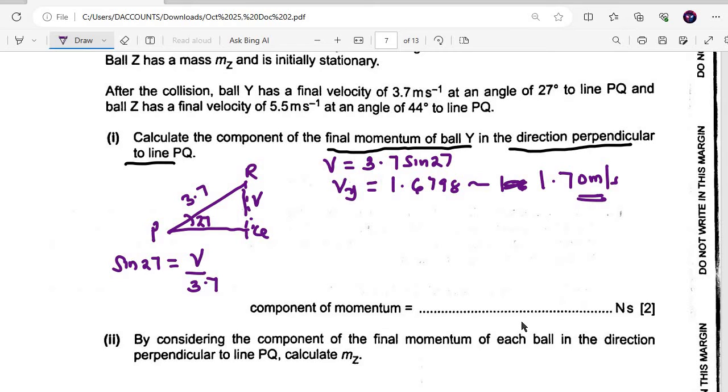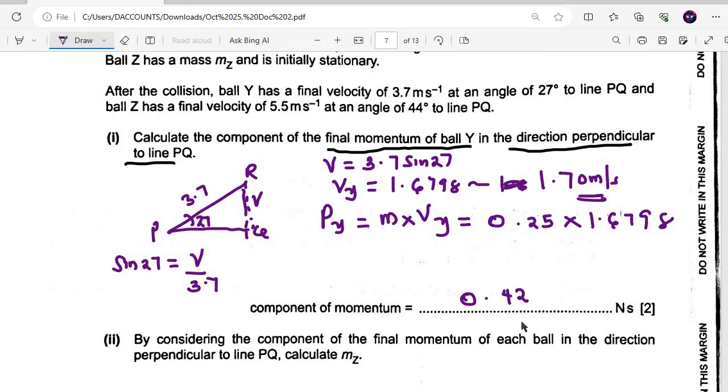That's the velocity, but we need to find the momentum. Momentum of Y after collision is mass times velocity of Y after collision. The mass of Y is 0.25. Using the original value, 1.6798 times 0.25 gives 0.42. So the momentum after collision of Y in the direction perpendicular to PQ is 0.42 newton seconds.